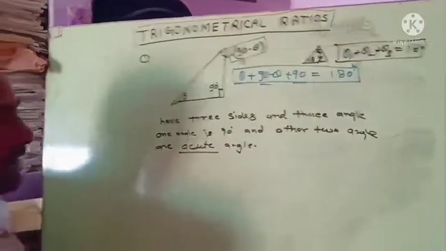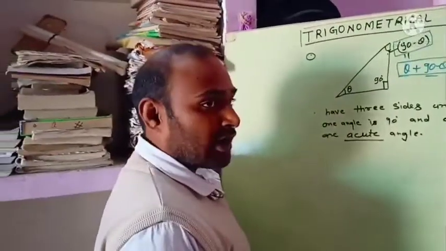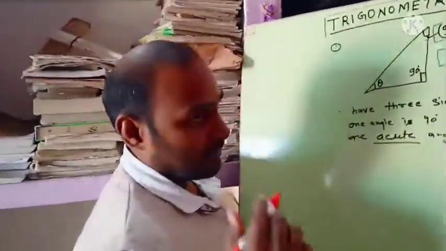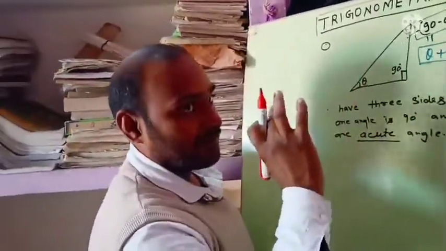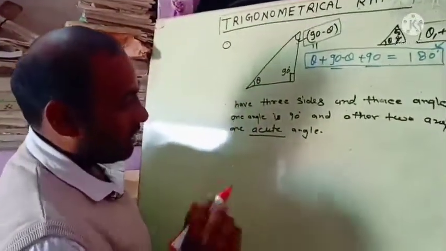In a right angle triangle, the ratio of two sides is called a trigonometrical ratio. Six types of ratio are found in a right angle triangle.